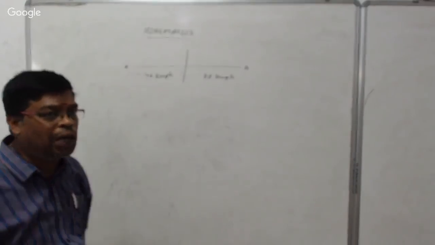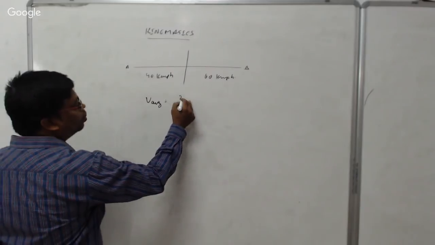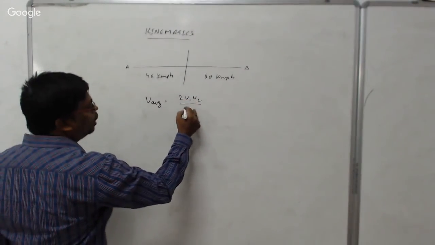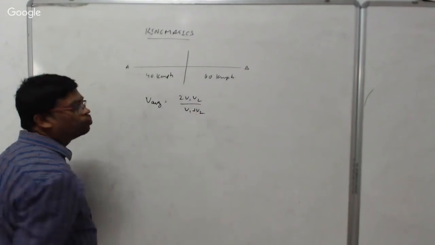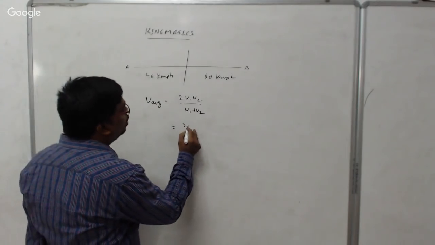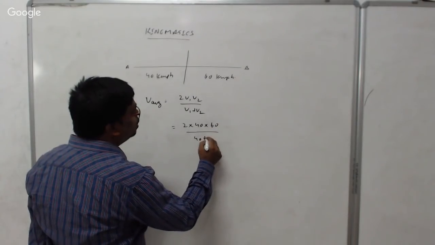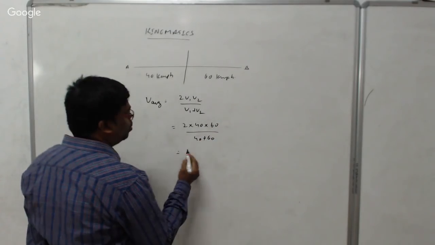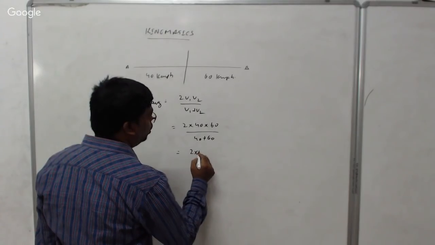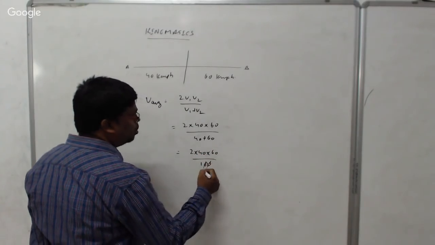So what you got the answer as average speed is equal to 2 v1 v2 by v1 plus v2. Understood? Use the same. That is equal to 2 into 40 into 60 by 40 plus 60, which is equal to 2 into 40 into 60 by 100. 0 gets cancelled.